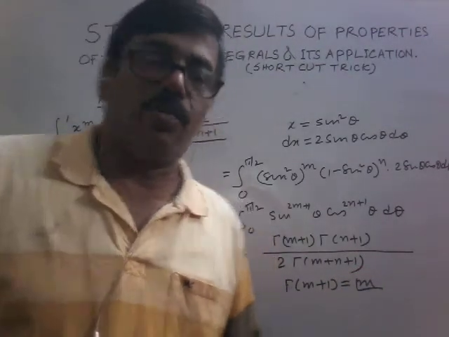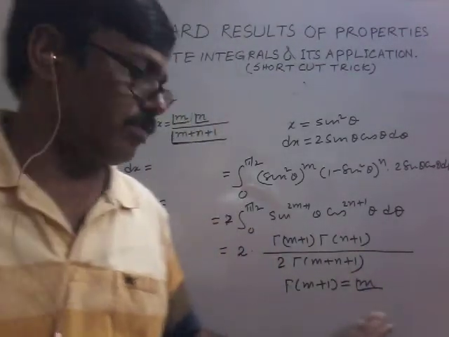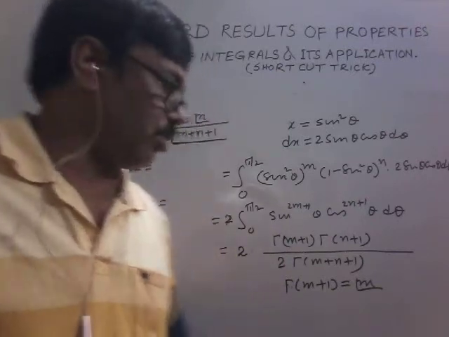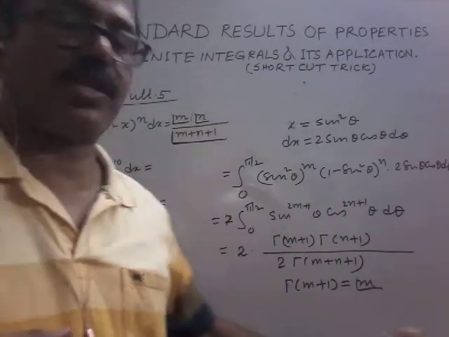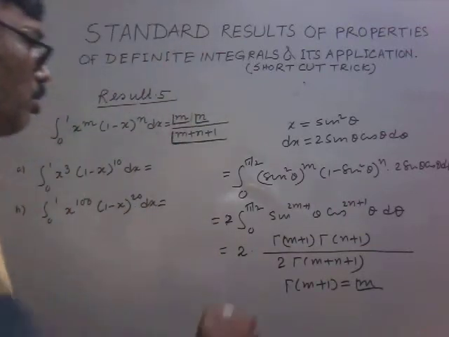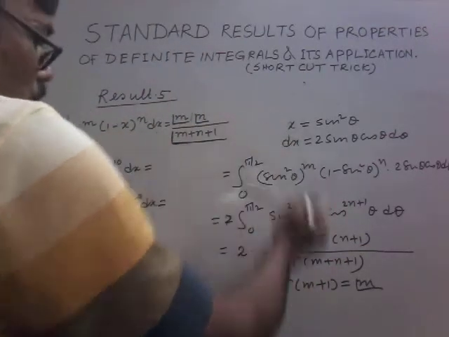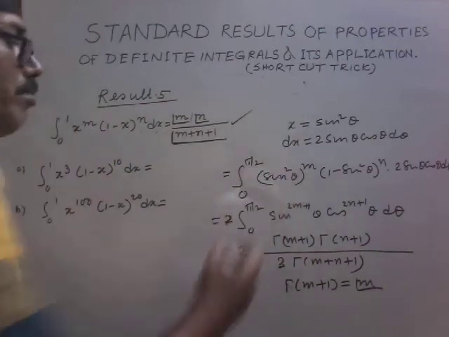In one class I will discuss this property, so take this as a standard result now. So you get the proof, the 2 cancels.